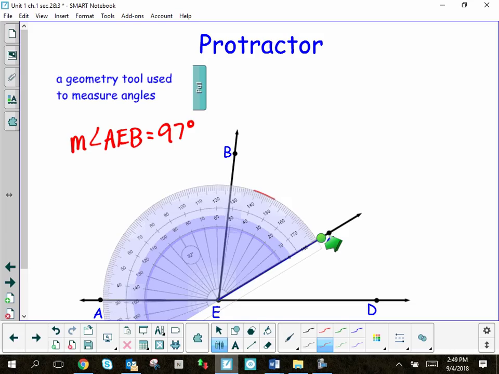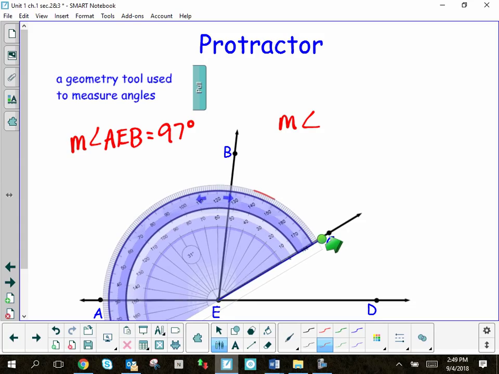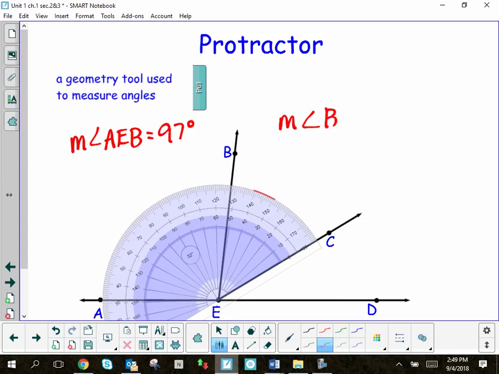Looks like between 52 and 53. So we're going to just say 52. So the measure of angle BEC is about 52 degrees. Okay? And then you can measure any of them like that. Okay? So follow the angle measure.